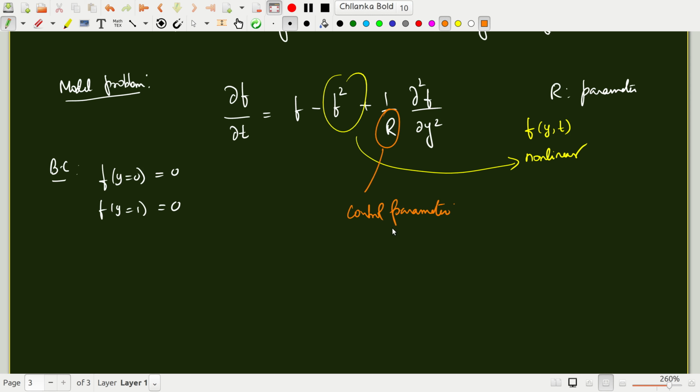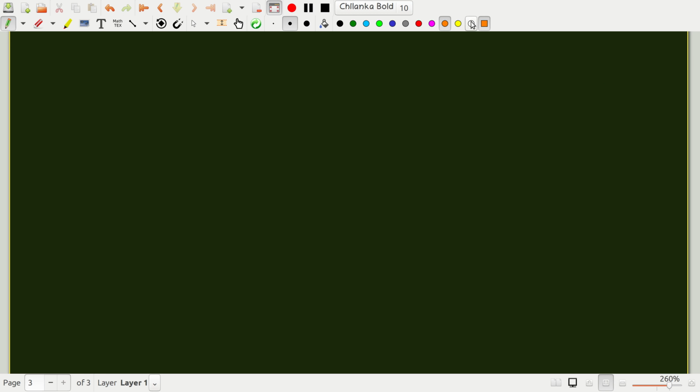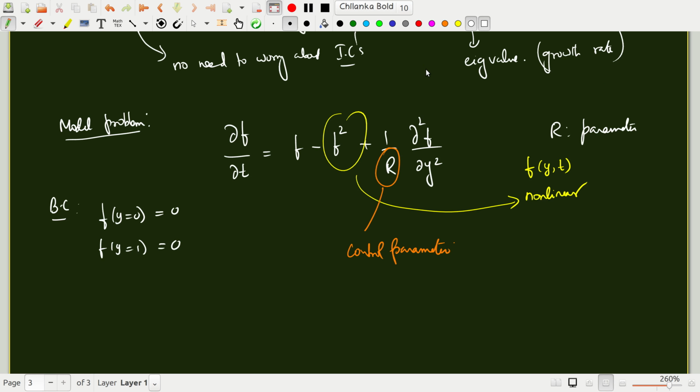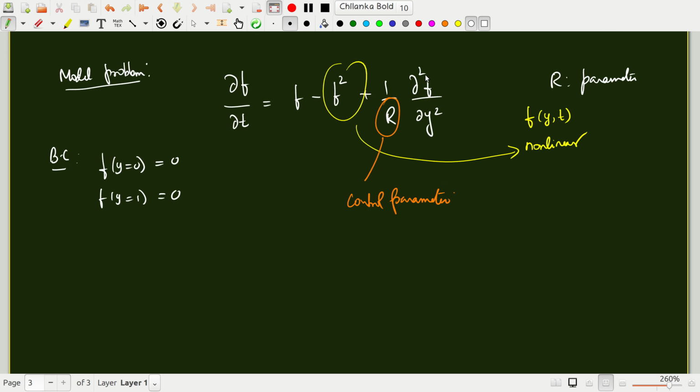This is the problem. Now first you solve for the base state, which is one of the simplest steady solutions of this equation.